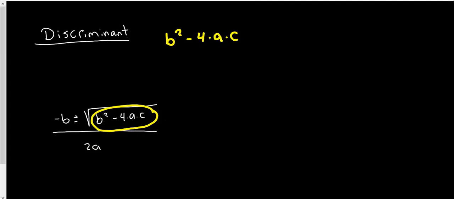What the discriminant does is if I go ahead and just plug things in, I'm going to have one of three things happen. I could get that it's positive, I could get that it's negative, or I could get that it is equal to 0, neither positive nor negative, and all of these three things mean something different. If it's positive, the square root thing that I'm working with is going to give me two real solutions.